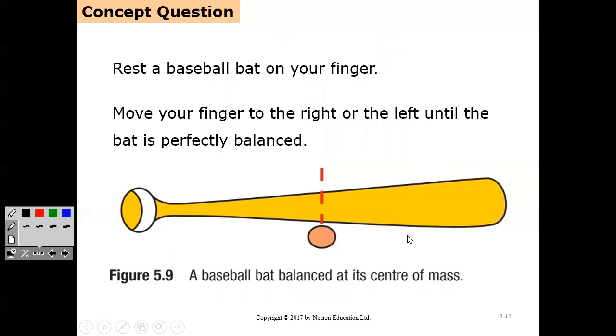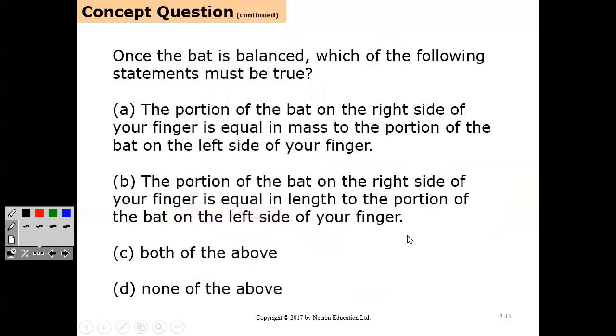You can take an odd-shaped object and move it, and at the end it will come and stop at the center of mass. So it is balanced, right? This is where the center of mass is. So here we found the center of mass. Now the question is, what is the question? In the next slide, once the bat is balanced, which of the following statements must be true?